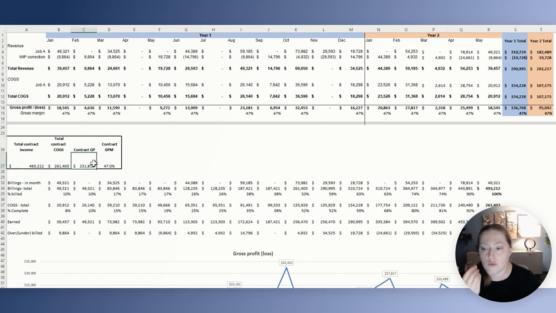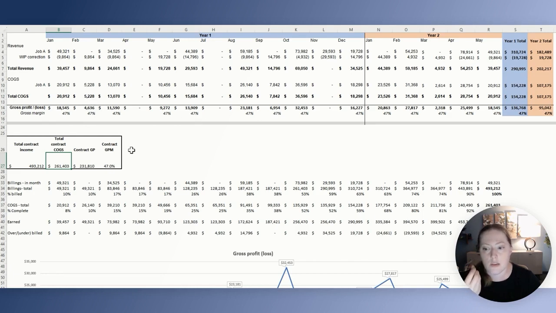If the job overall needs to make a gross profit, and our costs come in exactly on the line where they were estimated, we should make gross profit as the costs and billings come through.